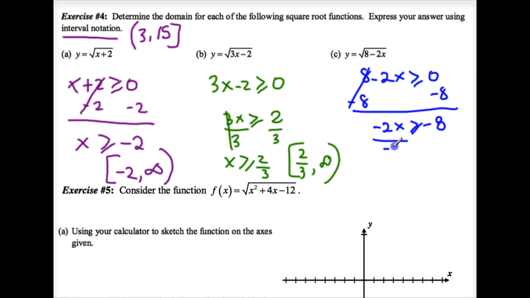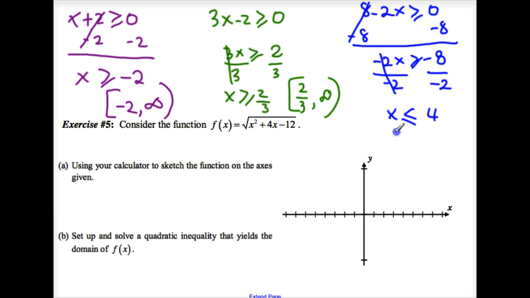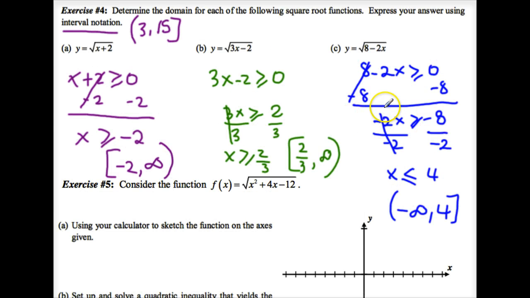I want to divide by negative 2, and remember with inequalities, when you divide by a negative number, we have to switch the sign. This becomes a positive 4. So my interval notation would be negative infinity to positive 4 included. So again, remember this is negative 2x because I'm bringing this down.